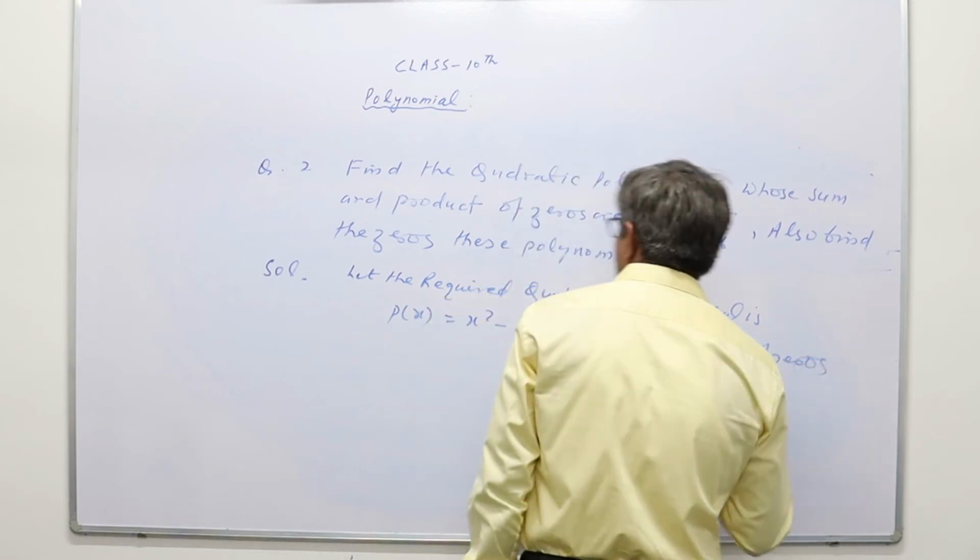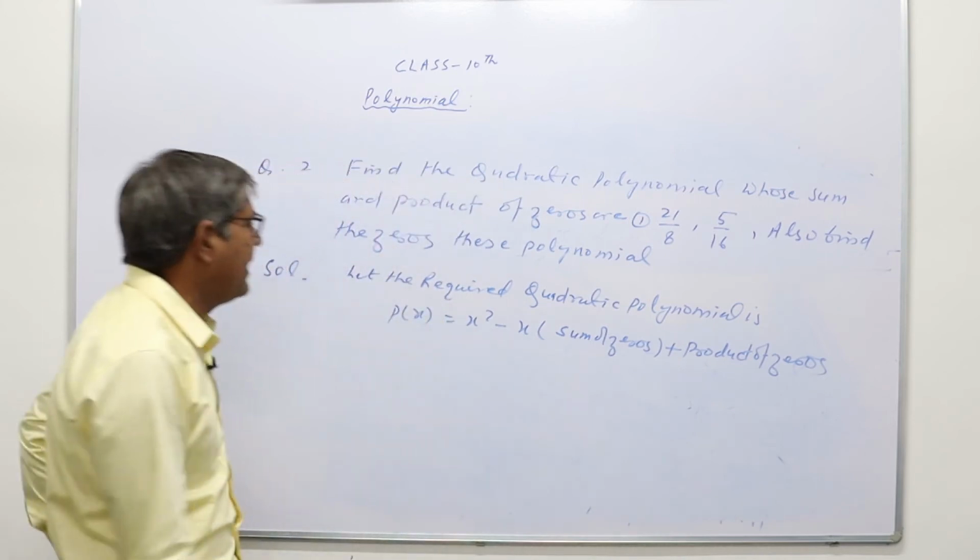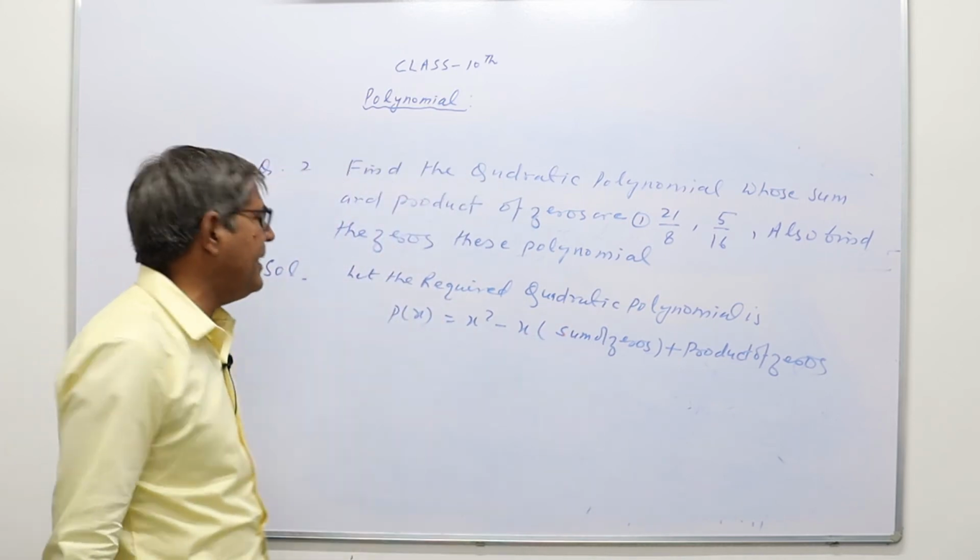This is the direct formula. When the sum of zeros and product of zeros are given, then the required quadratic polynomial will be this.